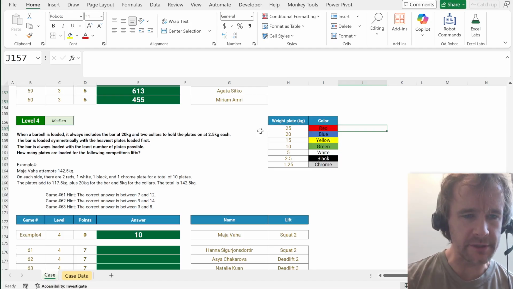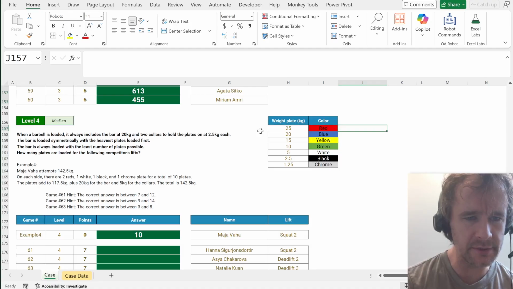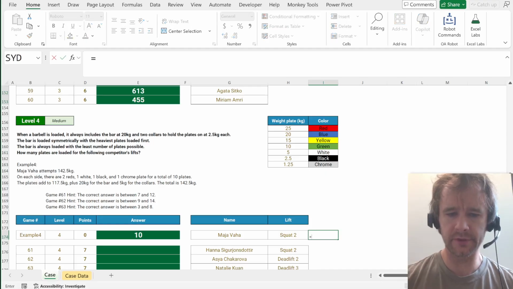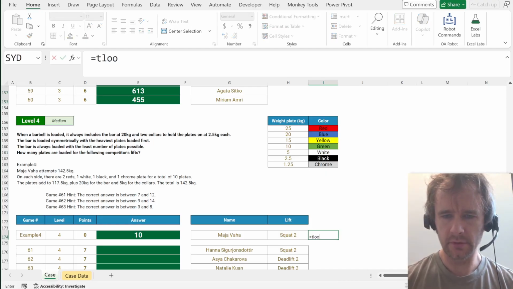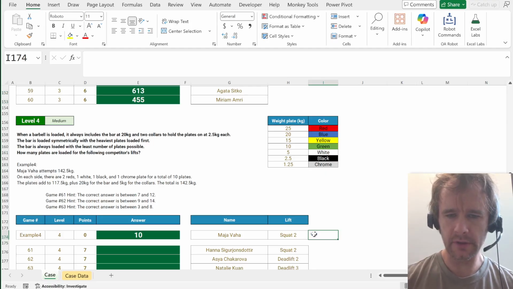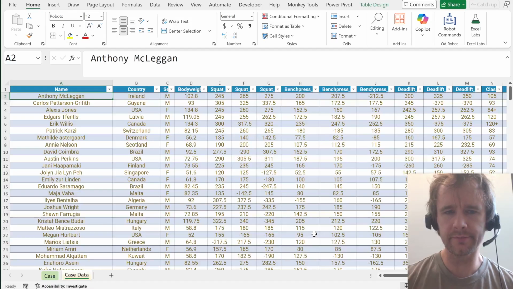Okay, so let's see. So this person attempts that, plates that to that, plus, all right, so first I want to TLOOKUP. Oh, I haven't imported my lambdas, so I should do that, because they're quite helpful. Oh, but damn it.